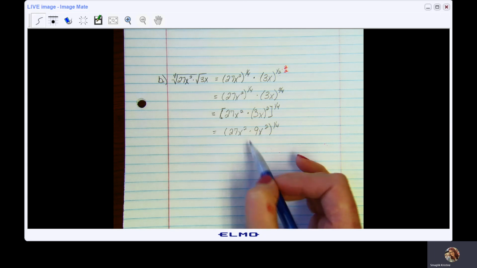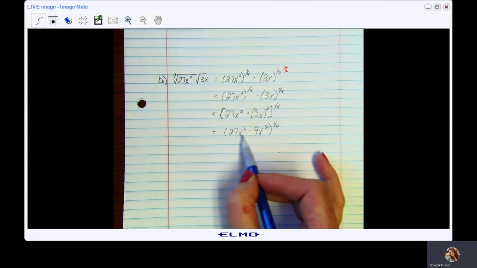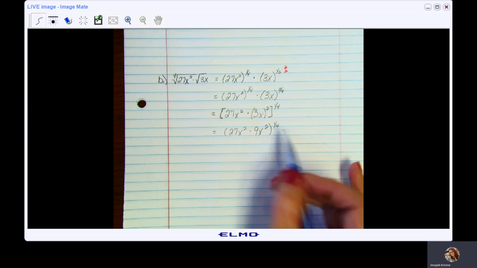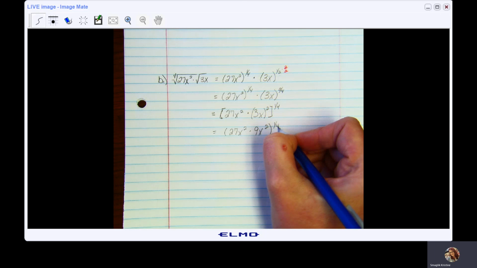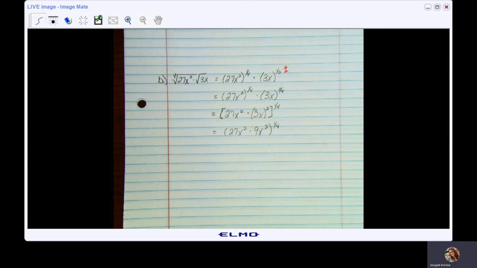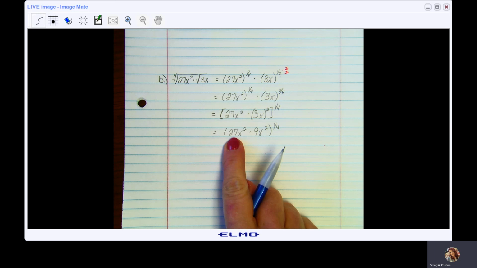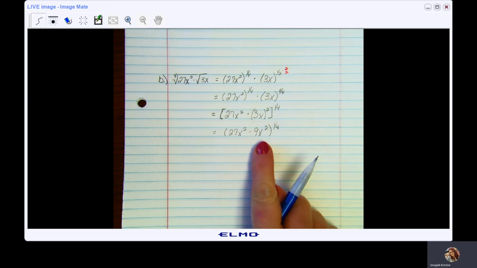Now, sometimes it's easier to keep them like this and factor them a little bit more, because we're going to be looking for the 4th root. So we're going to be looking for 4 of the same factors. Factors of 3 appear in 27 three times, and in 9 it appears twice. So you know what?